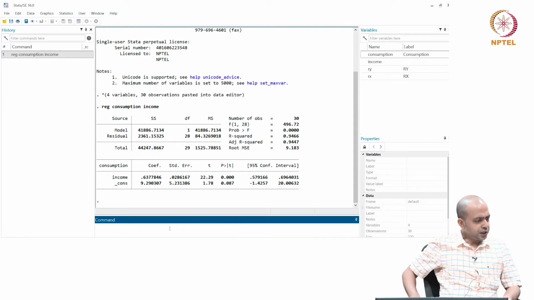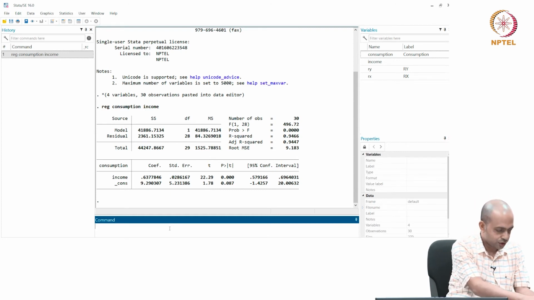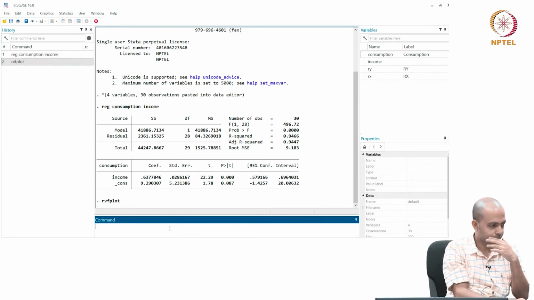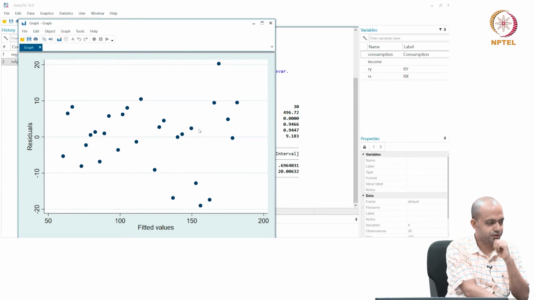Now, if you try to plot your error ui hat square along with your yi hat, there is a specific command in Stata, and this command is basically RVF plot. This is the command. Look at this.